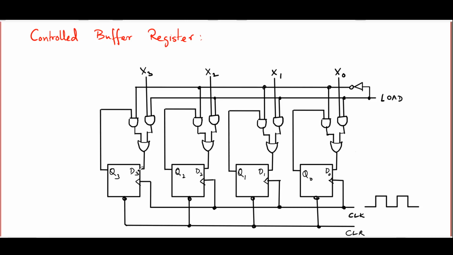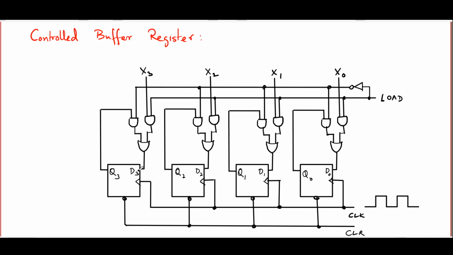So to summarize, CLR can be used to set the register to 0000 at any given instant of time just by making it go low. The load signal essentially dictates whether the circuit actually responds to the external inputs, and as long as the load signal is low, the circuit does not respond to x0, x1, x2, x3 at all.